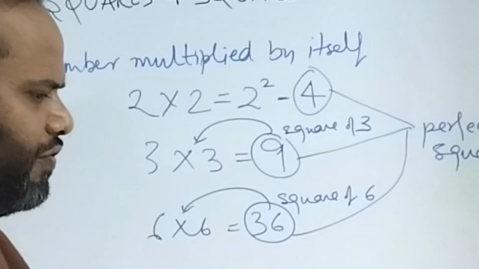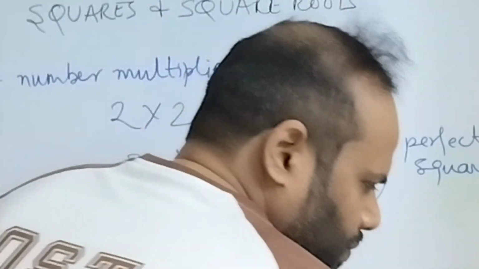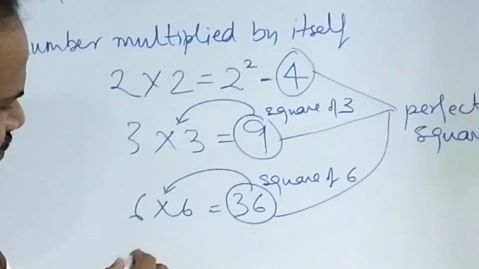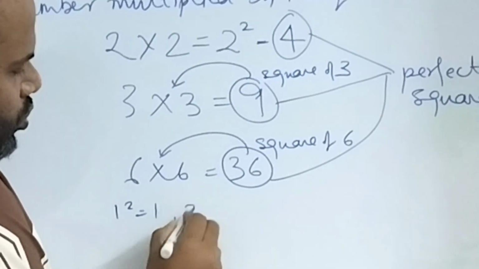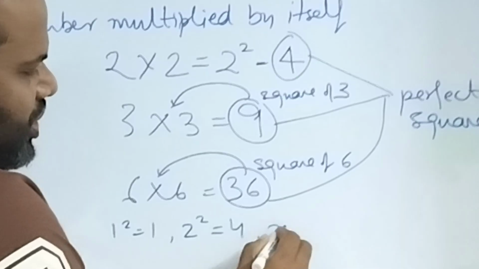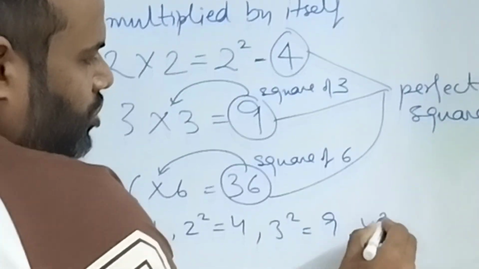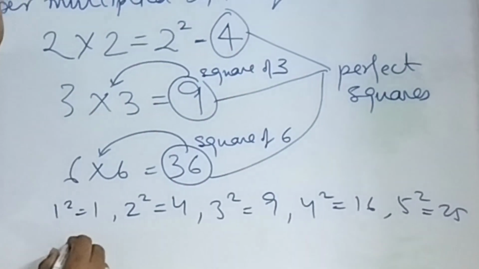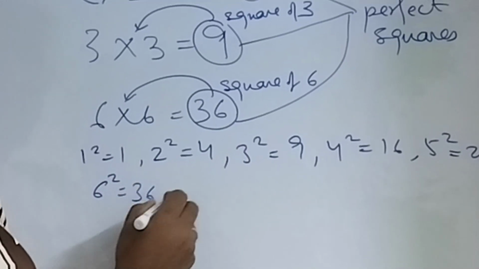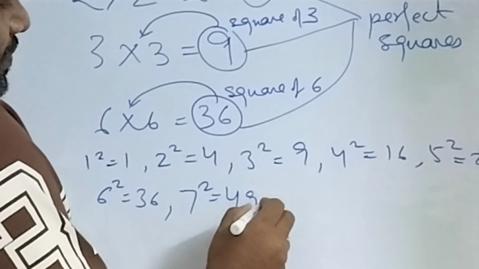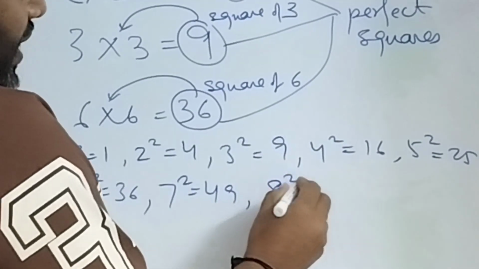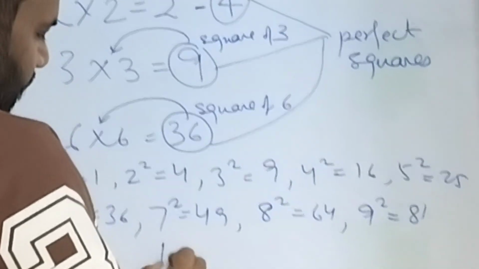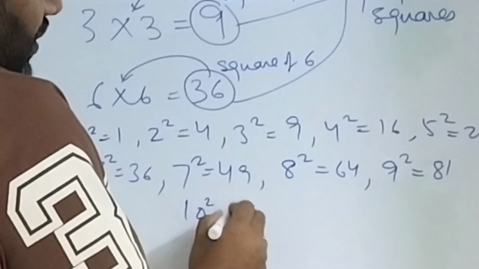For example, 1 square 1, 2 square 4, 3 square 9, 4 square 16, 5 square 25, 6 square 36, 7 square 49, 8 square 64, 9 square 81, 10 square 100.